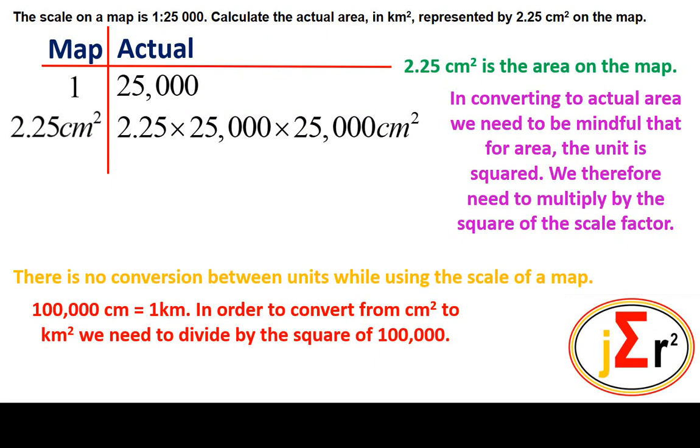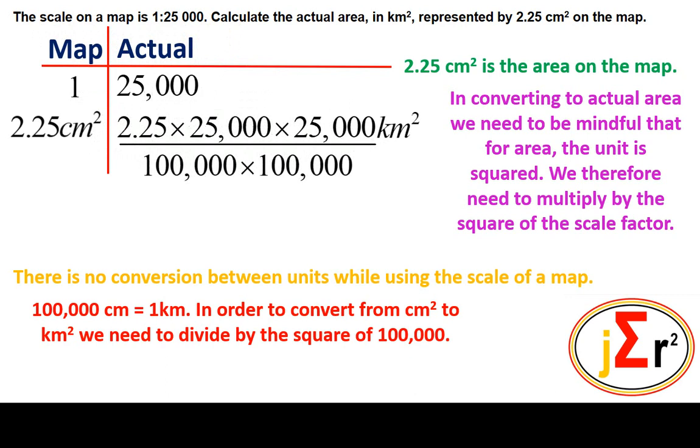And if we convert the length, that will be done by multiplying by the scale factor of 25,000. If we convert the width, that will be done by multiplying by the factor of 25,000. Therefore, when we multiply the length by the width in converting to the actual area, the scale factor will be squared, because we will be multiplying 25,000 by 25,000.